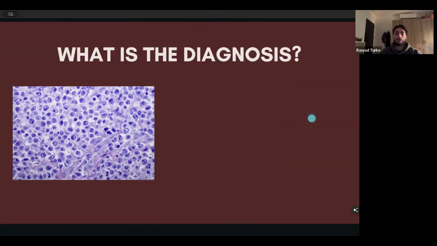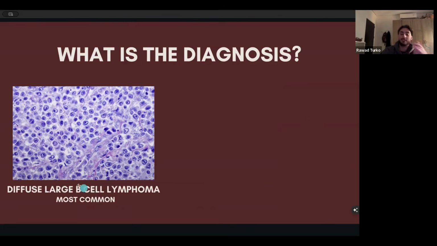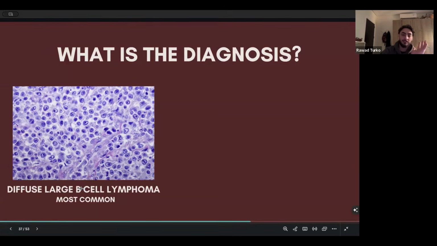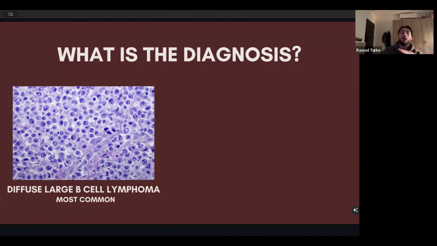Now, a lot of the lymphomas that we talked about before could progress to this kind. So follicular lymphoma, for example, or CLL, they could progress to form this. What is this called? Diffuse large B-cell lymphoma. Perfect. So this is the most common kind of non-Hodgkin's lymphoma seen in adults.